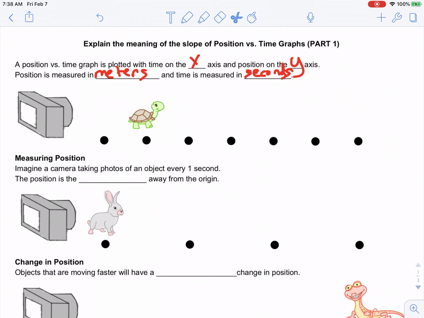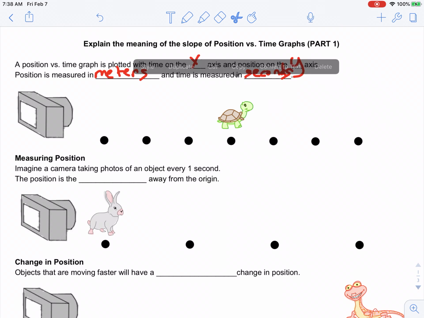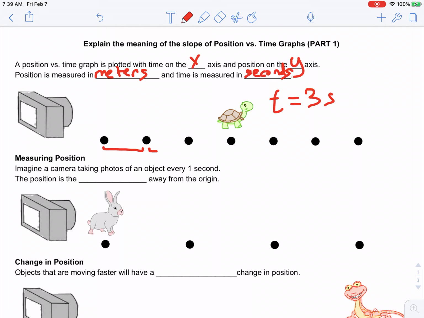0 Mississippi, 1 Mississippi, 2 Mississippi, 3 Mississippi. So right now, frozen in time, the young turtle is at time equals 3 seconds, and he's gone 1, 2, 3. There are no units here, but let's call each one of these a meter.